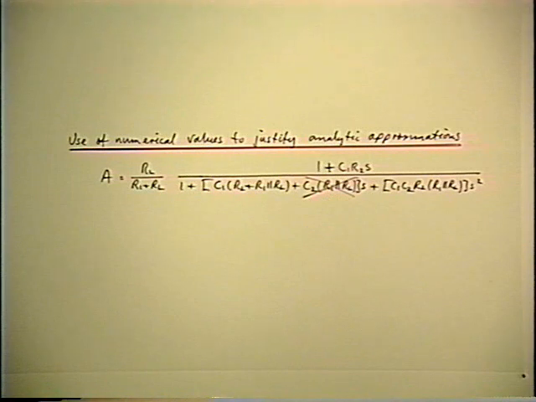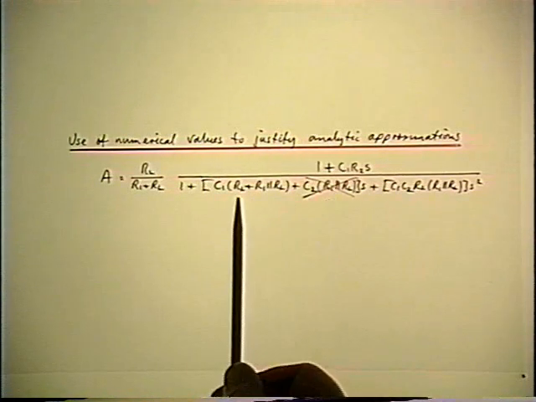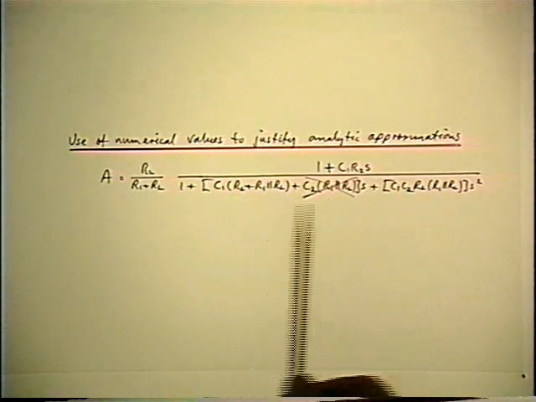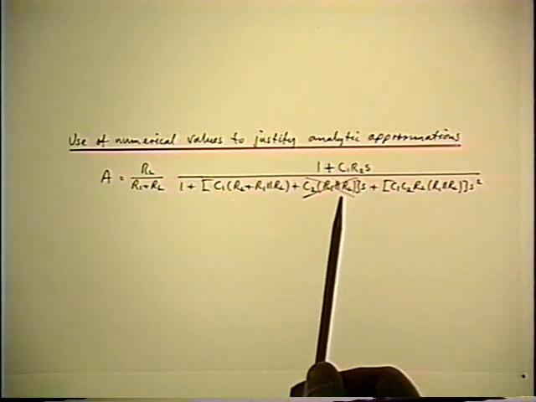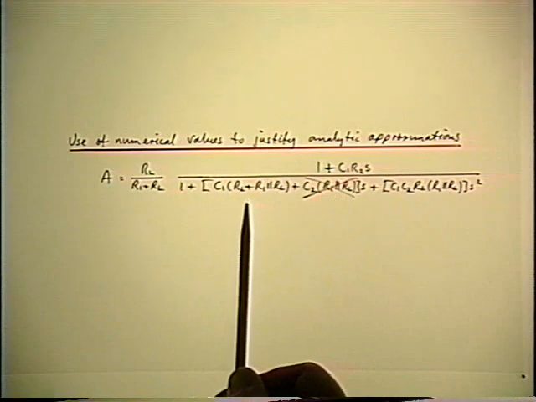Where the procedure that I recommend deviates from the normal is that usually what happens is that, having thrown away the term, you simply keep the numbers that you had for all the other ones in order to justify doing that, and then you continue to work the problem with the numerical values.